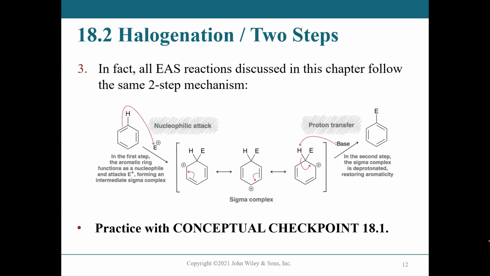And it says, in fact, all electrophilic aromatic substitution reactions discussed in this chapter follow the same two-step mechanism. So they're all analogous with each other. We have a nucleophilic attack followed by the sigma complex, and you can see the sigma complex right here. All we're doing is moving the charge around the ring, and then we have a proton transfer.